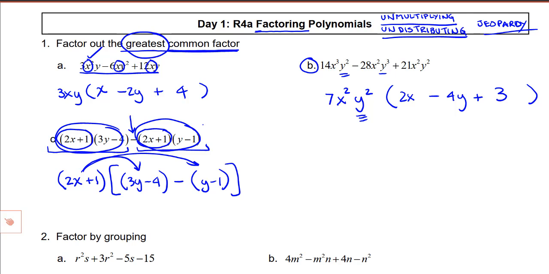I wish they did. So I keep this. But what they do is, inside the brackets, they clean that up. And what do you get? 2y is good. Minus 3.